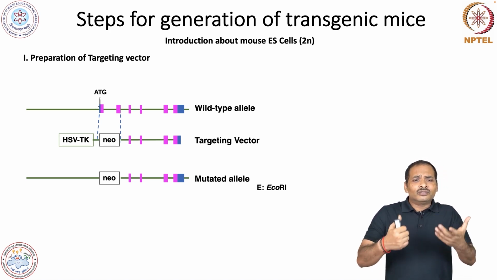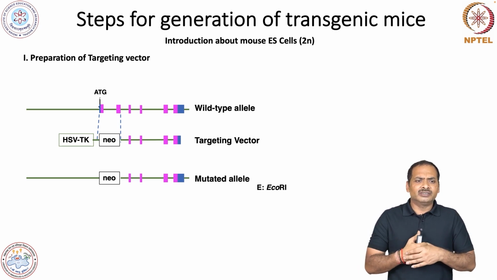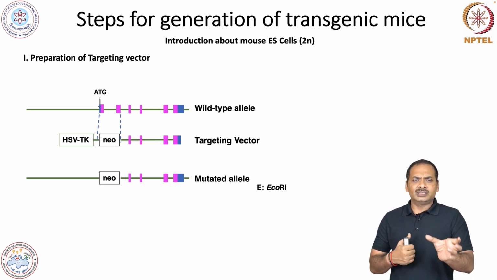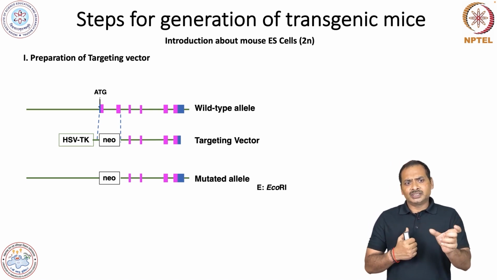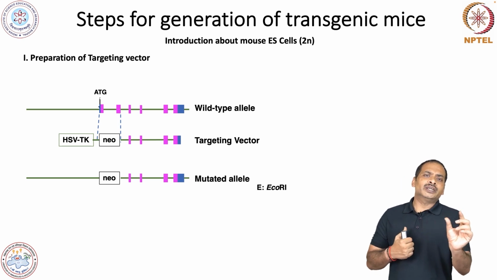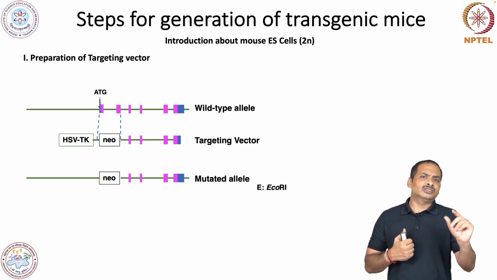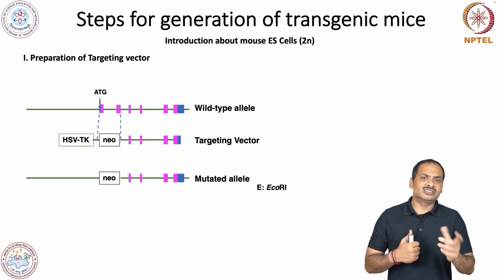Once you successfully make this targeting vector, after finishing all this, you will get this kind of mutated allele. You can see in the bottom panel that the first exon along with the 5 prime UTR is disrupted.